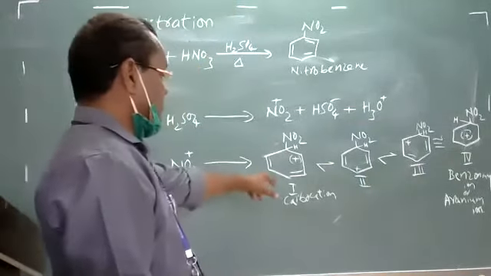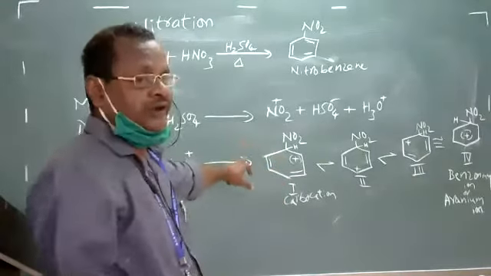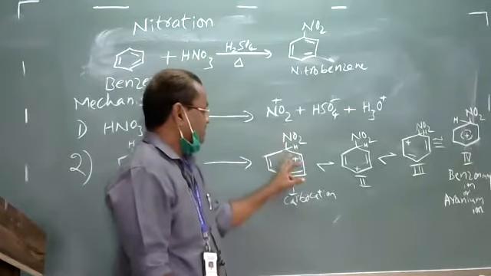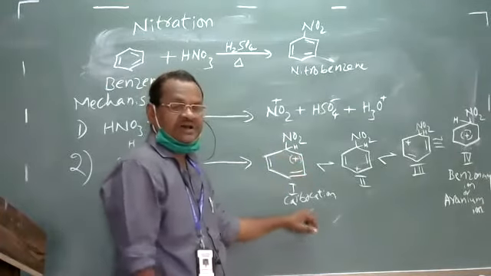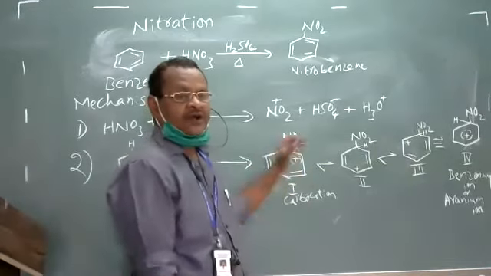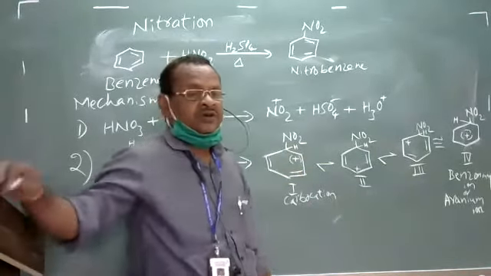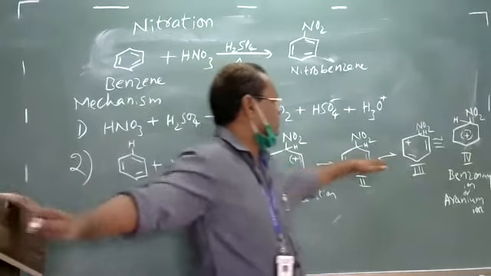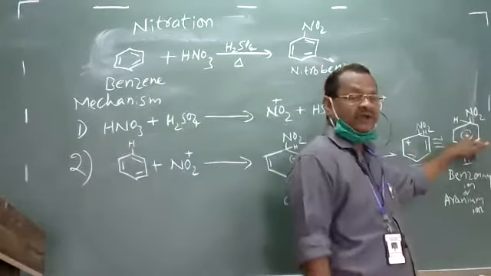So the first structure we call a carbocation, a simple carbocation. Because of the use of pi electrons, the adjacent carbon gets a positive charge. This is called a carbocation. This particular carbocation will undergo the resonance effect to form these 3 structures, and when we combine these 3 structures, it forms a 4th structure, the resonance hybrid.